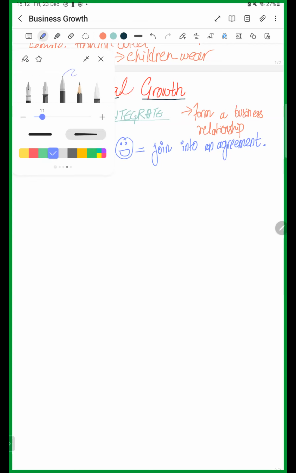So always remember this as both parties are happy and they decide to join hands. So they join into an agreement with a discussion. You could say that this is a friendly approach where two businesses join hands together.